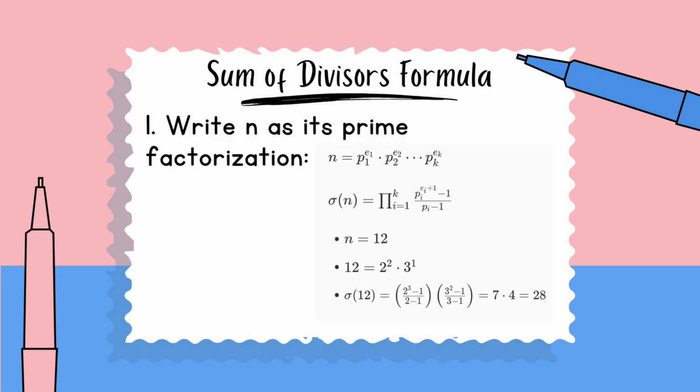Sigma of 12 equals the quantity of 8 minus 1 over 1, times the quantity of 9 minus 1 over 2, which is 7 times 4, equal to 28. So the sum of the divisors of 12 is 28.